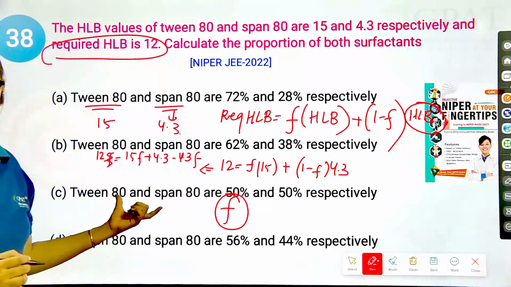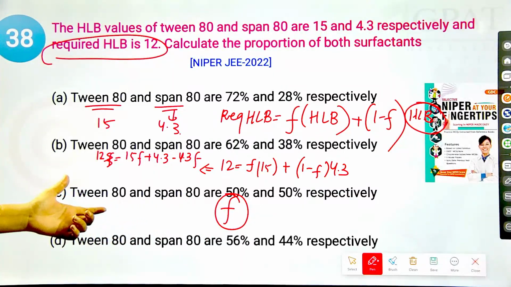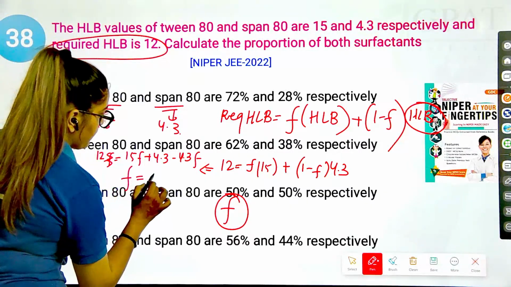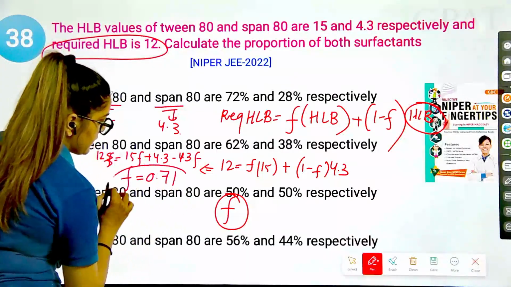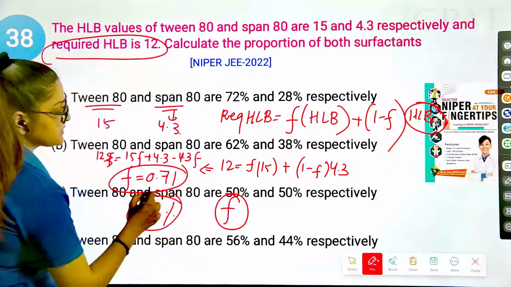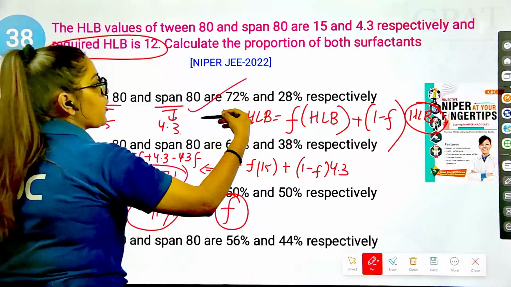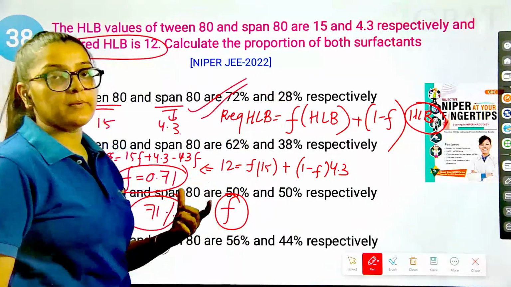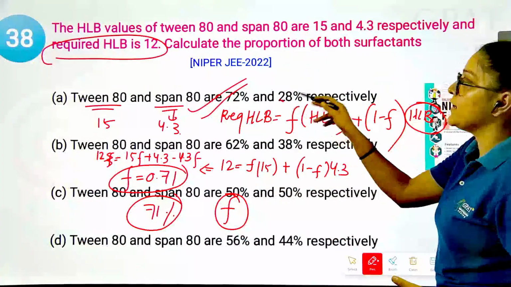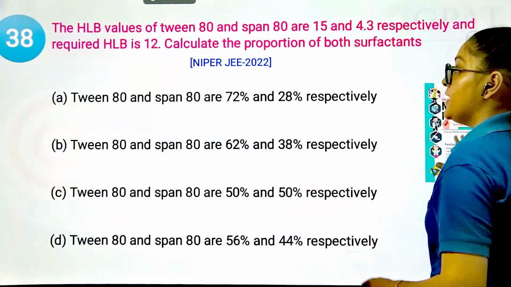So very simply you can get the value of F. I am not going to take time to solve it. You can do it on your own. It is very easy. You will get the value of F as near to 0.71, which will be equal to 71% or something, right? So 71 point something percent, which is nearest to our option number A. Remaining will be 100 minus 71, which will be the 28%. So we have the correct option as option number A.